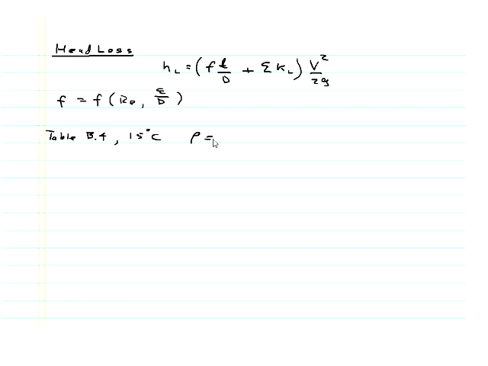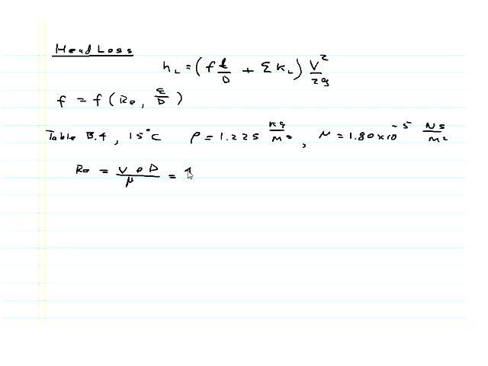The density is 1.225 kilograms per cubic meter, and the viscosity is 1.8 times 10 to the minus 5 newton seconds per square meter. So we can compute the Reynolds number as V rho d over mu.